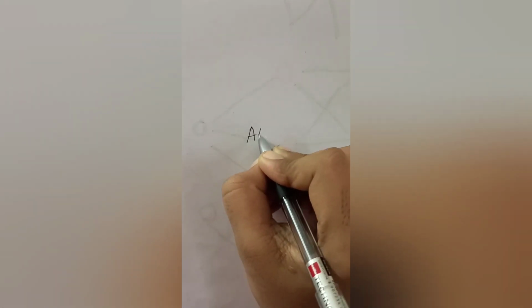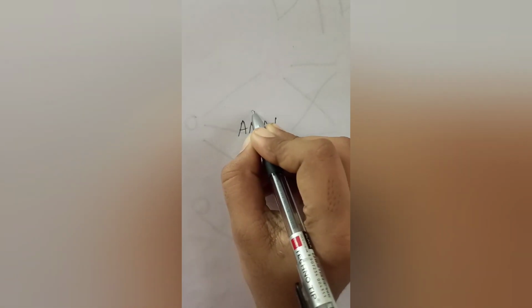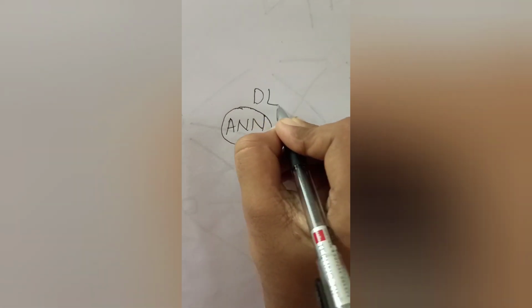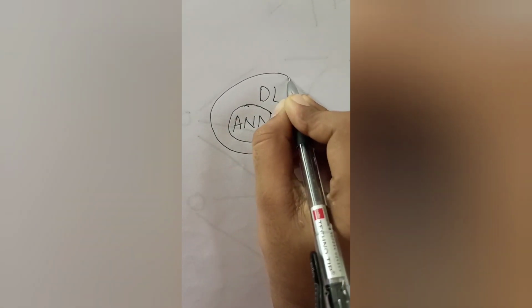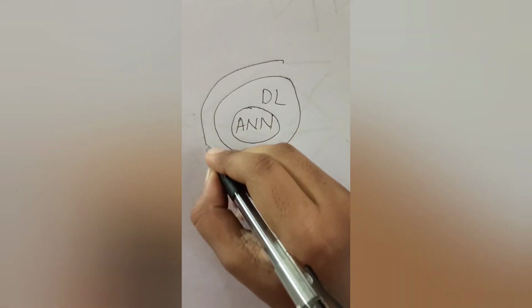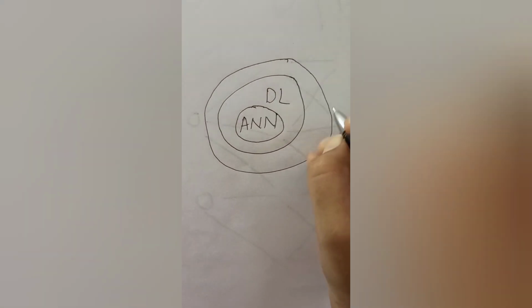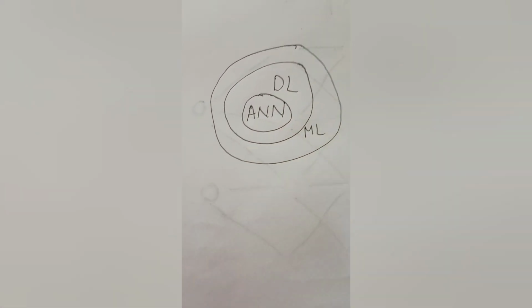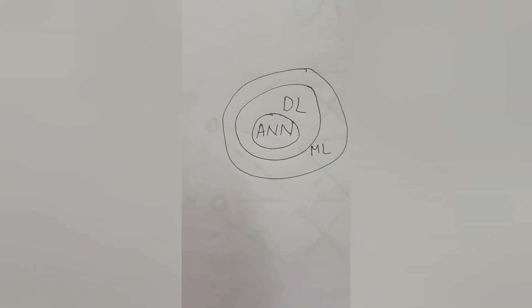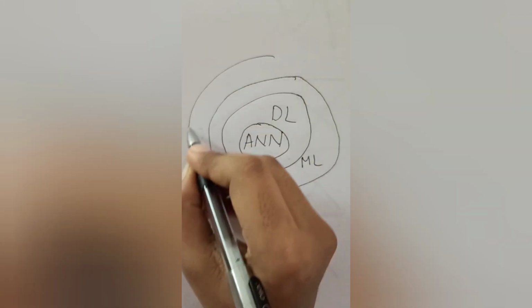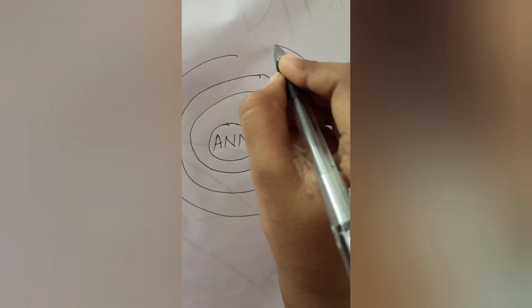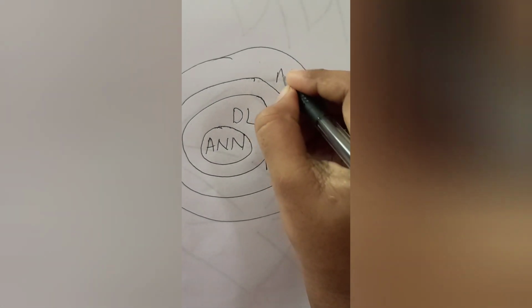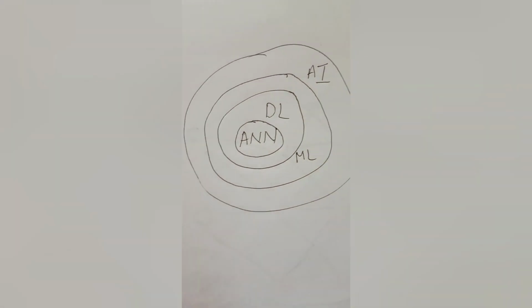An artificial neural network is a functional unit of deep learning, which falls under the larger umbrella of machine learning, and machine learning itself falls under the category of AI, that is artificial intelligence.